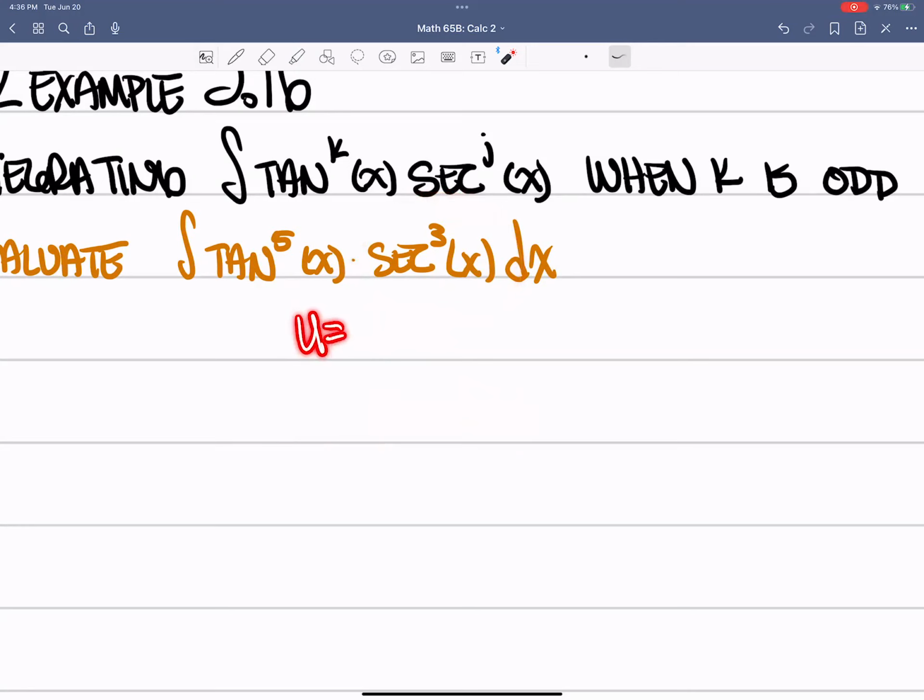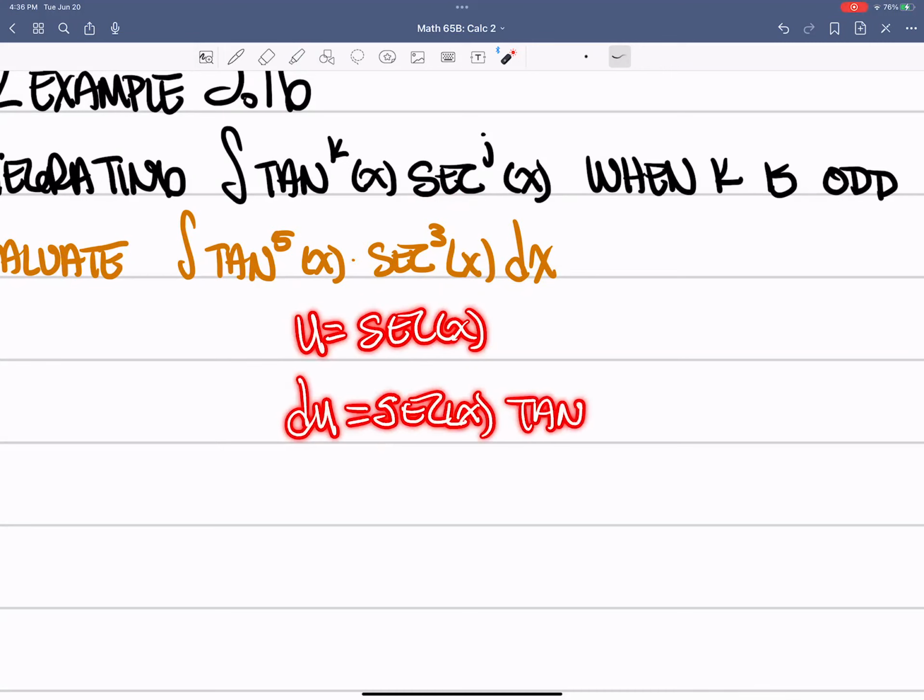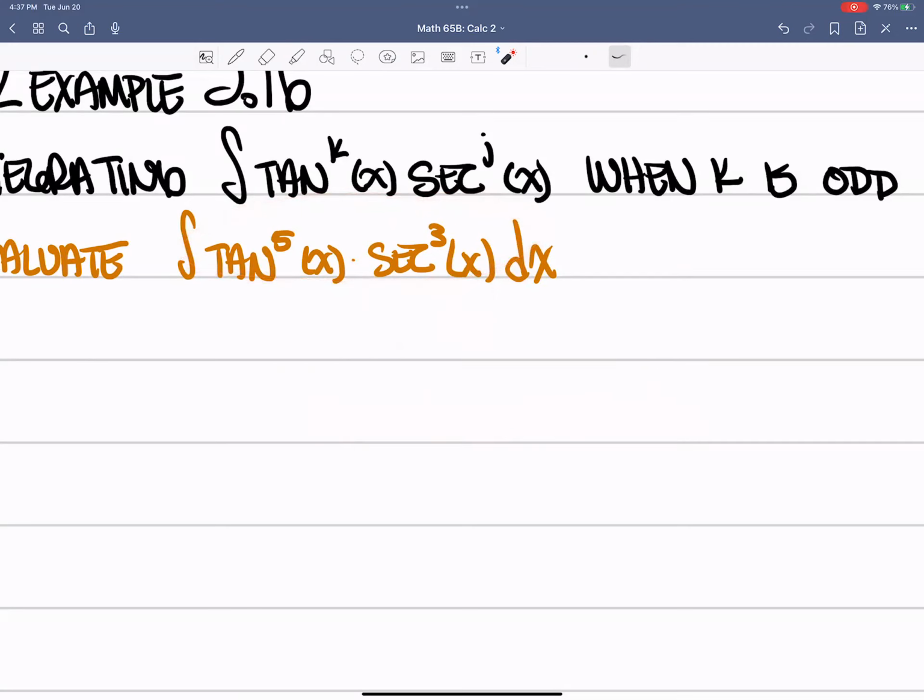But when we let u equal secant x, du is equal to secant x tangent x dx, which would make both of these even. At that point, we could turn things into whatever we want, tangents or anything else. So let's see what those look like right now.